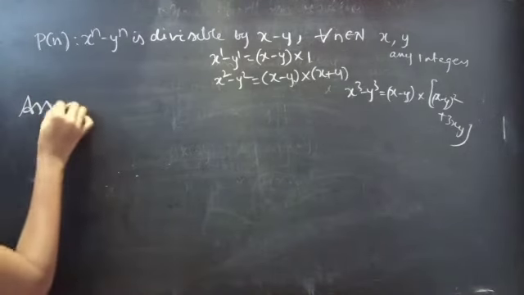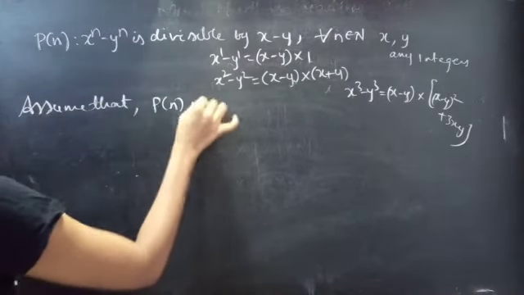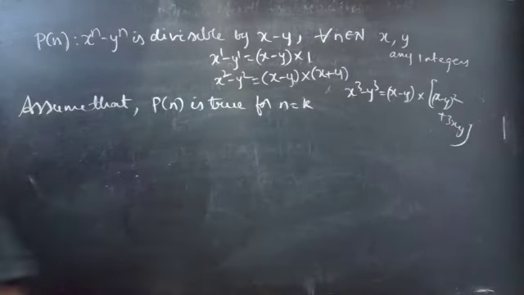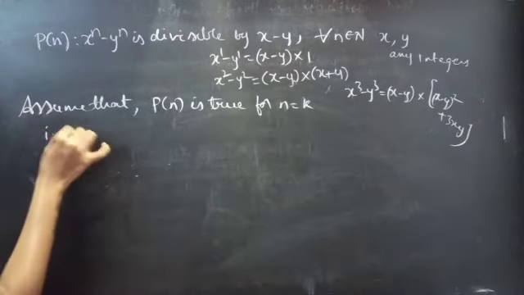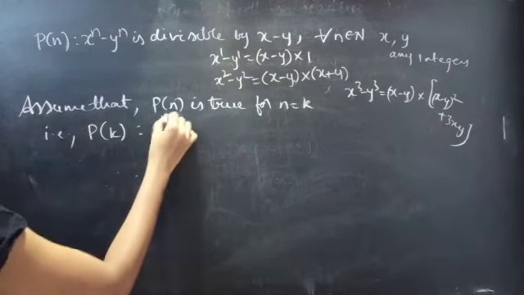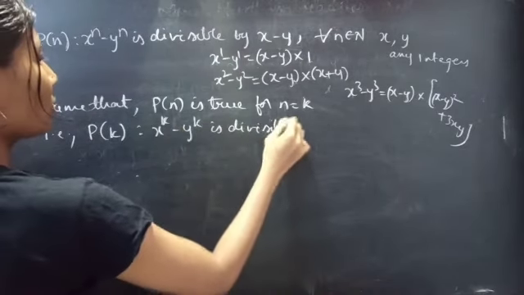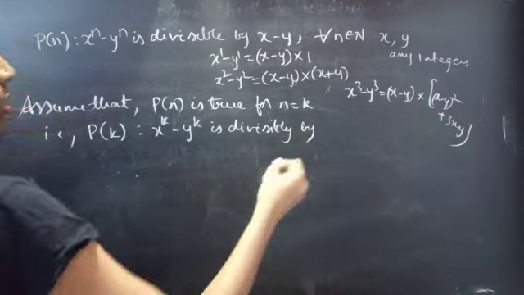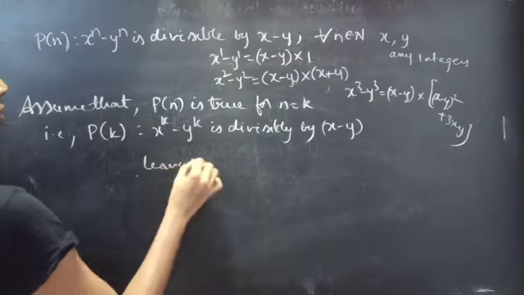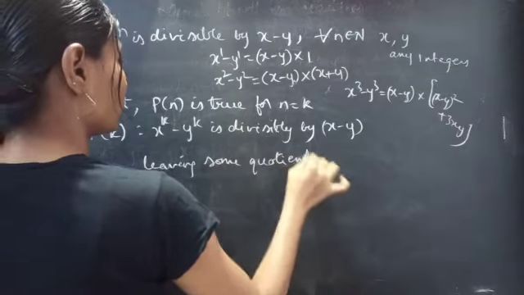Assume that P of n is true for some n equals k. That is, P of k: x power k minus y power k is divisible by x minus y, leaving some quotient, right?